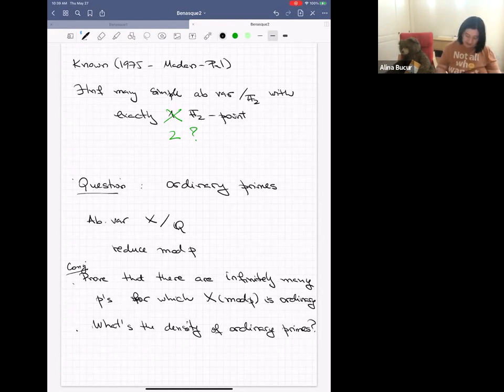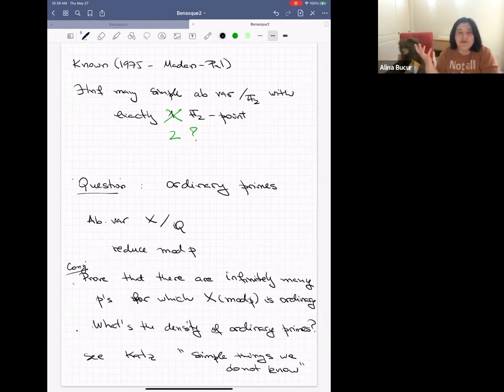And maybe I should say, as I forget who pointed out in Zulip, there is a set of notes by Nick Katz, Simple Things We Do Not Know, that has a bunch of problems in this direction. For instance, prove that, like Sato-Tate, you would think that if you look at the number of elliptic curves with positive a_p versus negative a_p, that should be 50-50, but we have no idea how to do that. Okay, so I will stop here because I am way over time.